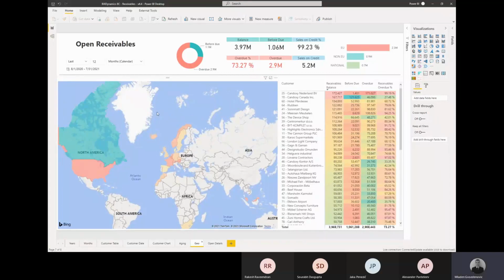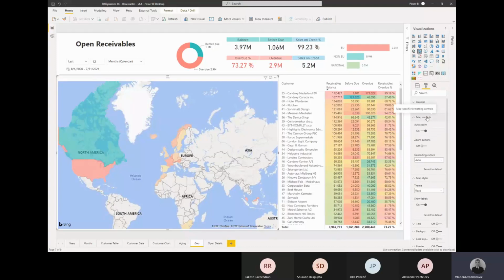You decide what this color means. So you decide also what type of style you are using. It's just playing around here. You have an area map, you can have bubbles, you can have anything here.